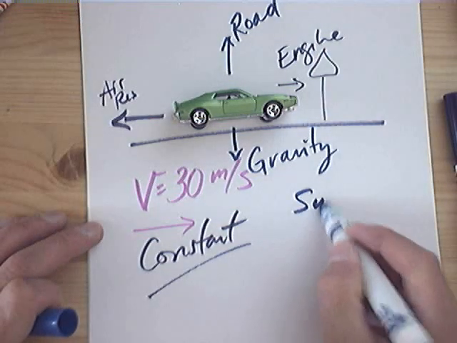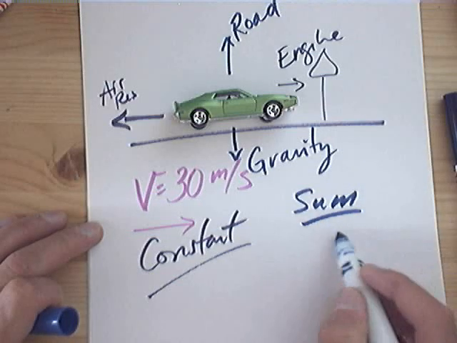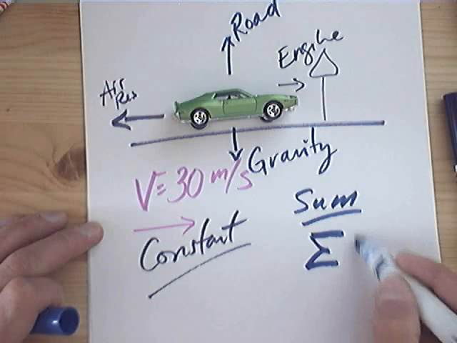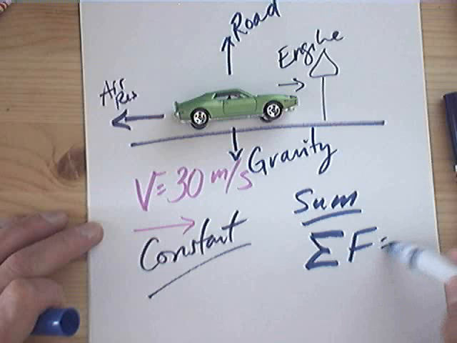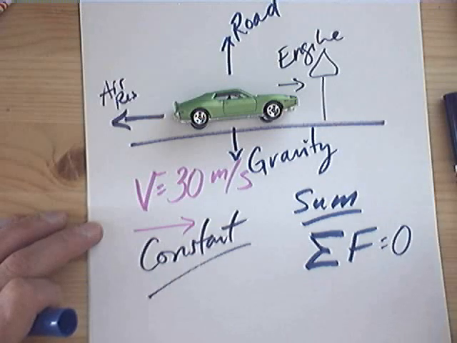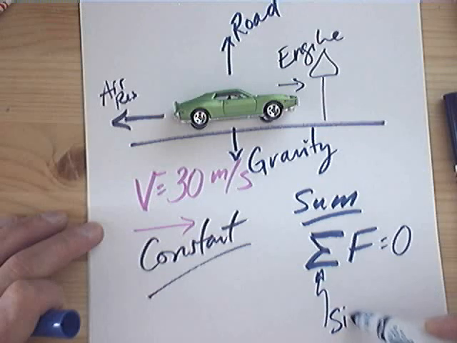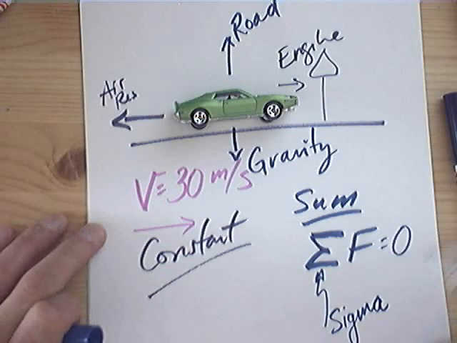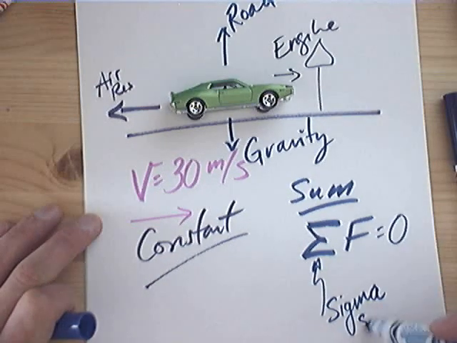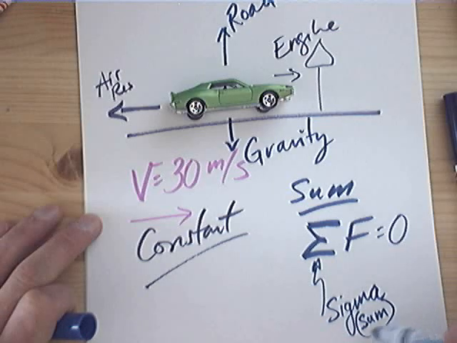The sum of all those forces has to equal 0 because it's moving at a constant velocity. If you don't remember, this is the Greek letter sigma, and it means sum because it's the first letter of the alphabet there.